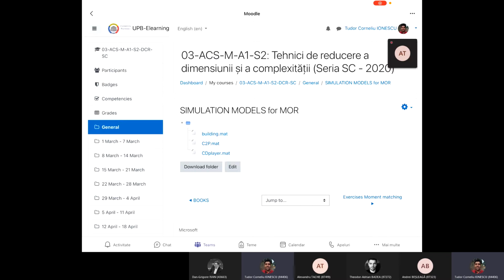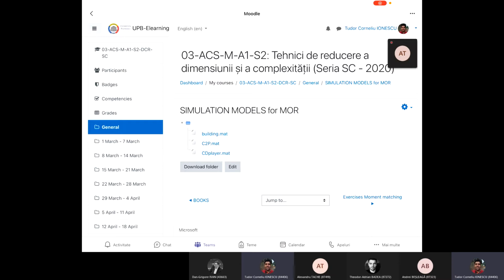model, which is a small model of dimension 6, but it's a relevant example. Okay, a theoretical example. The simulations and the assignments you are going to do are all related to these three systems.